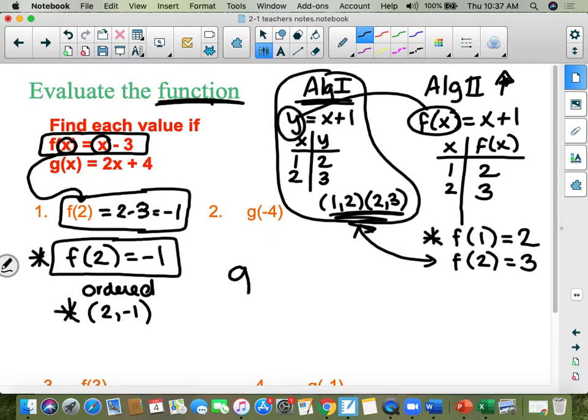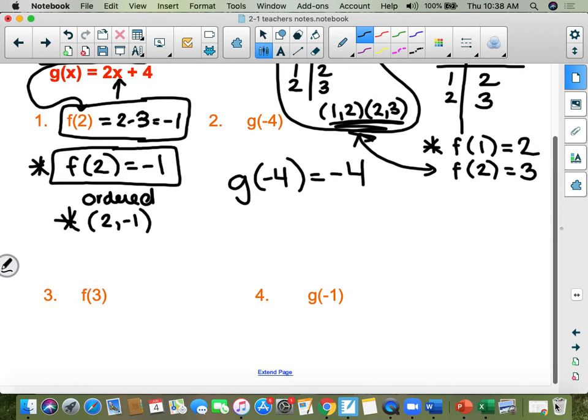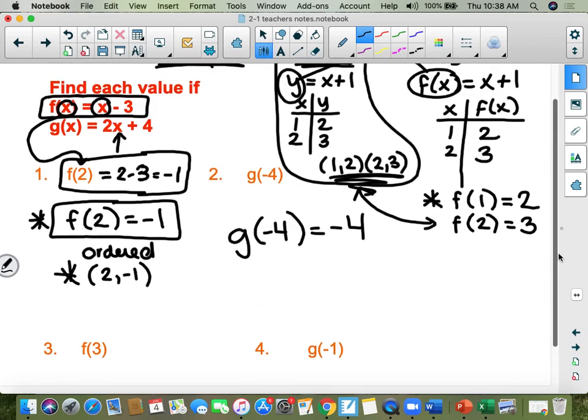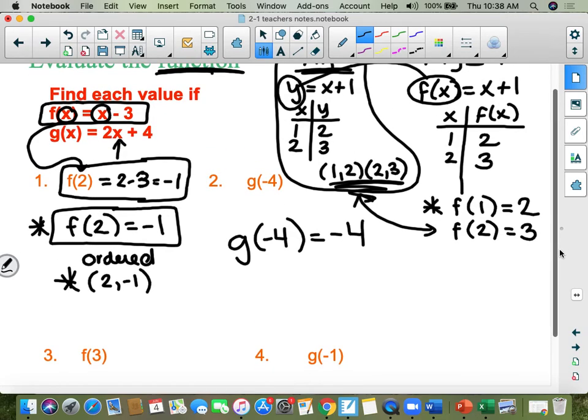What is g of a negative 4? You're going to go under the g, and in place of x over here on the right side, you're going to put a negative 4. 2 times a negative 4 is a negative 8, and a negative 8 plus 4 is also a negative 4. So g of a negative 4 equals a negative 4. Let's do a couple more, and I think we're done. f of 3, what does f of 3 equal?